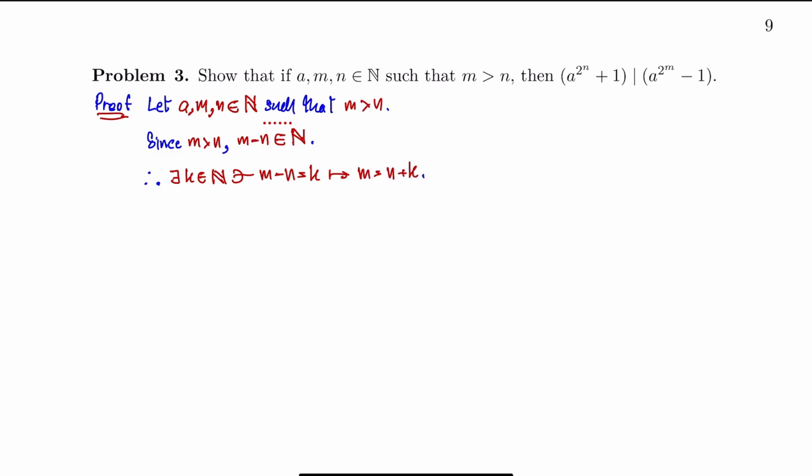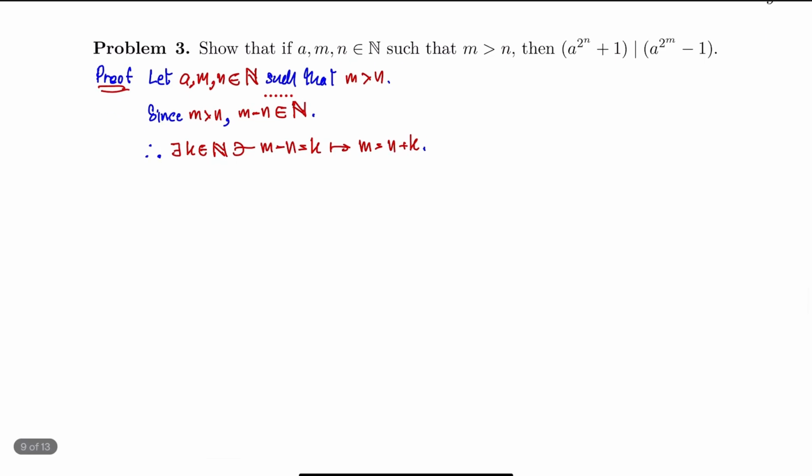Okay, then what next? Let's try to write this term right here, a raised to the power of 2 to the m, minus 1. It becomes a to the 2 to the (n plus k), minus 1.